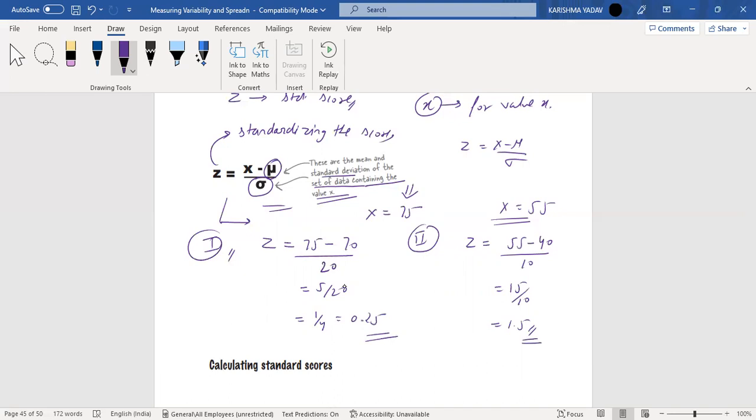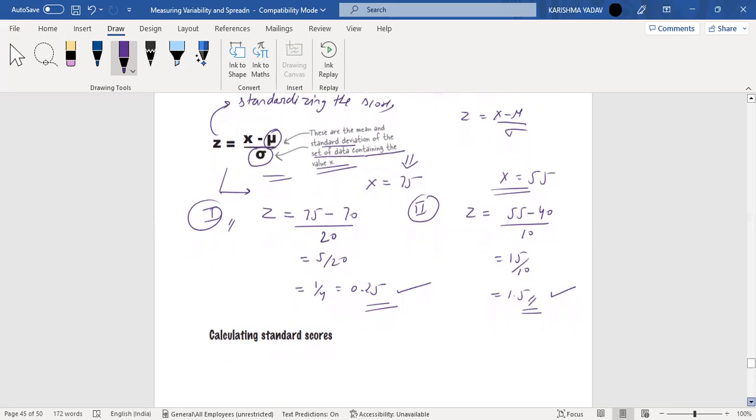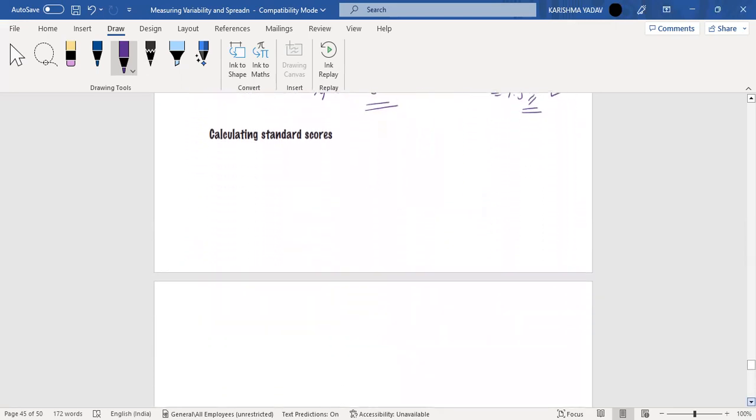If we compare the scores of these two players, you can see that one has a higher standard score and the other has a lower standard score. We have calculated the standard scores: Z of 0.25 for the first player and Z of 1.5 for the second player.